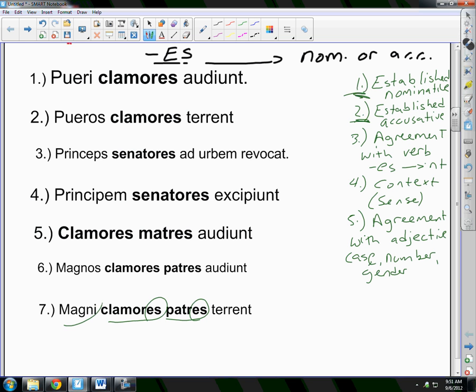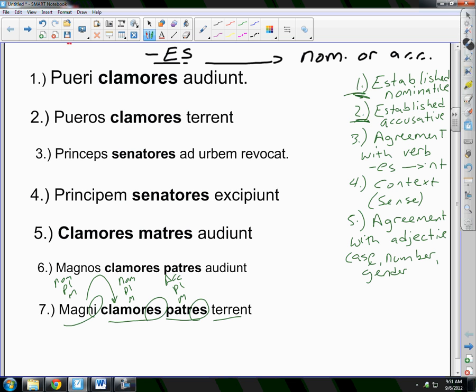When I see magni, that's an adjective. I know that magni, the letter i, makes nominative, it makes a plural, and it makes a masculine. Adjective, case, number, and gender means that clamores is also going to be nominative, plural, and masculine. If I've established a nominative and I get another es, then it's going to be accusative, plural, and masculine.